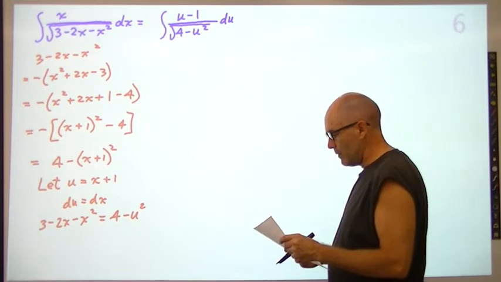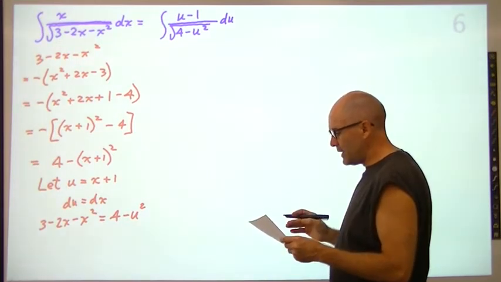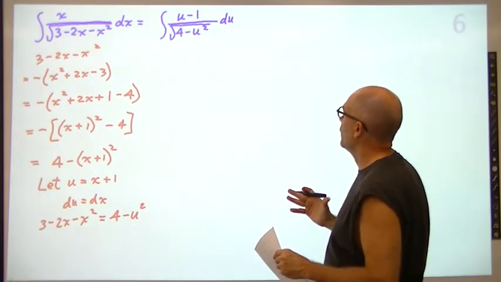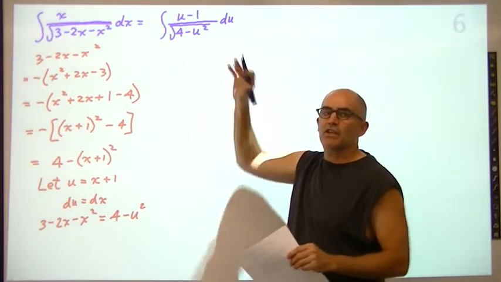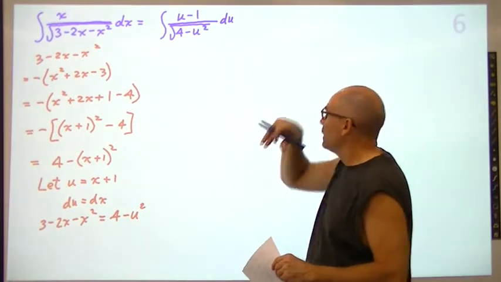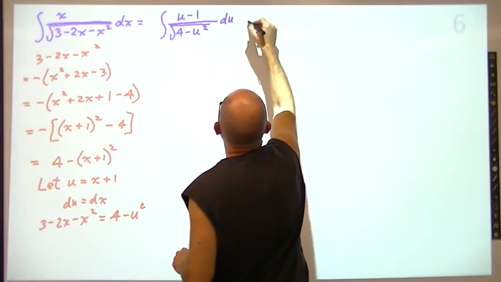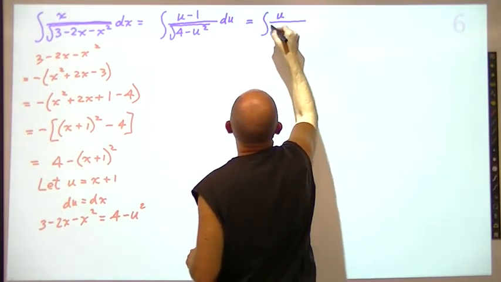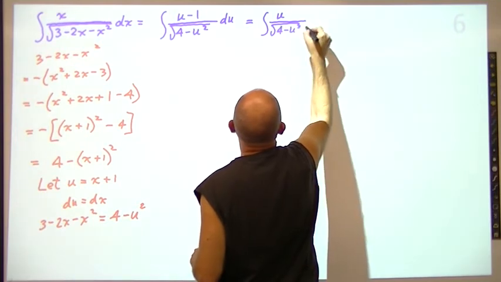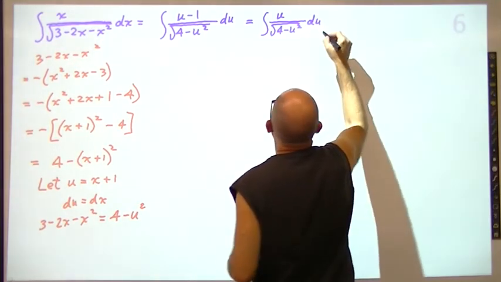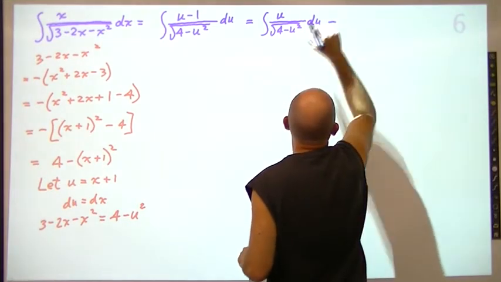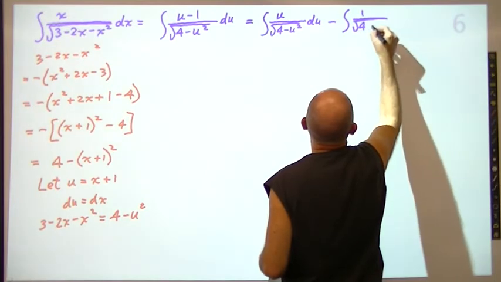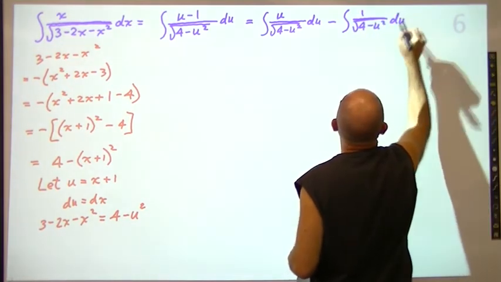All right, now, there's two ways of doing this. And the way I thought at first to do it was to break this up into two separate integrals. So we go equals integral of u over square root of 4 minus u squared du minus the integral of 1 over square root of 4 minus u squared du.